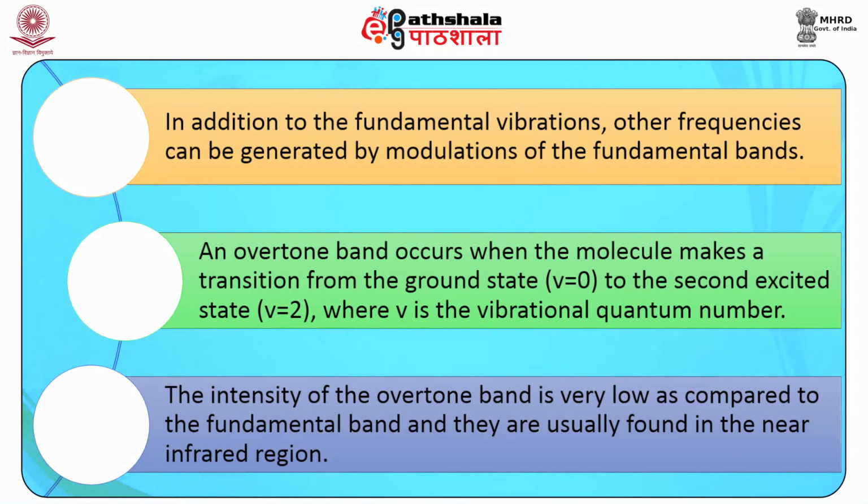An overtone band occurs when the molecule makes a transition from the ground state, that is the 0 level, to the second excited state, that is V equal to 2 or n equal to 2, where V, or n, is the vibrational quantum number as mentioned in the formula before. The intensity of the overtone band is very low compared to the fundamental band, and they are usually found in the near infrared region.